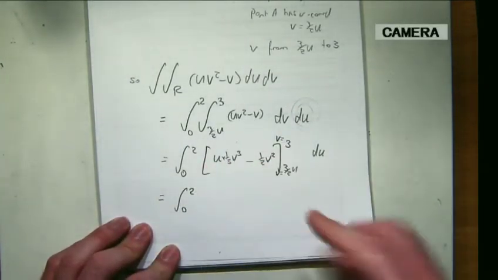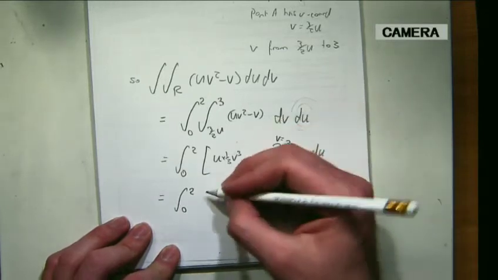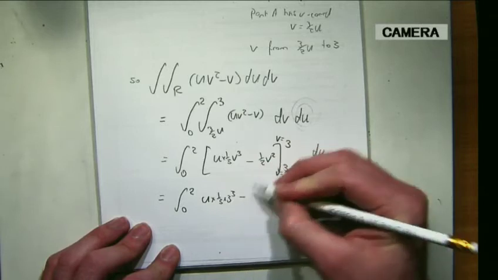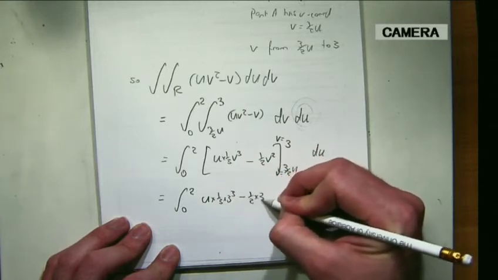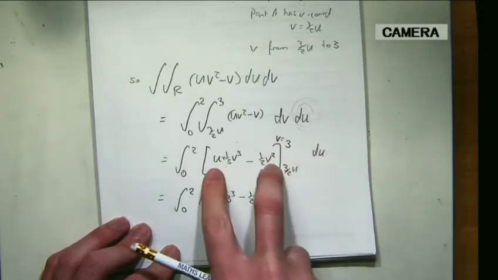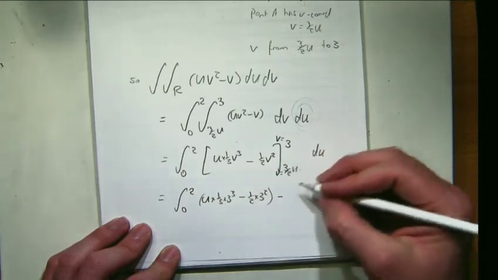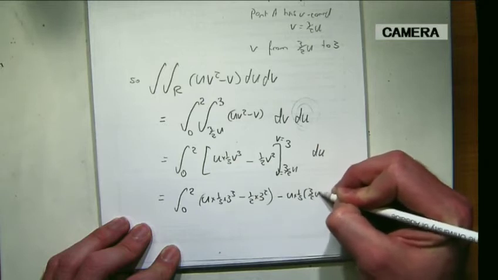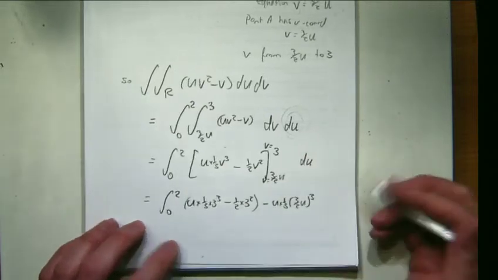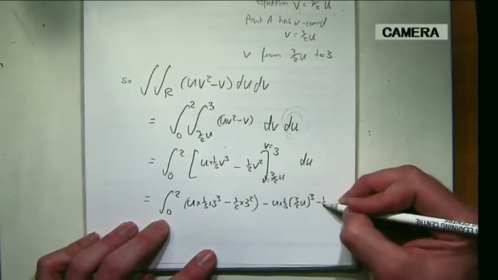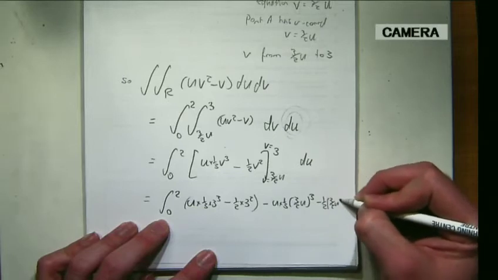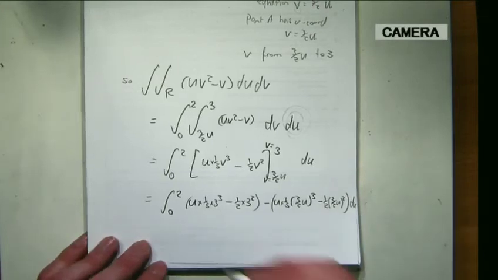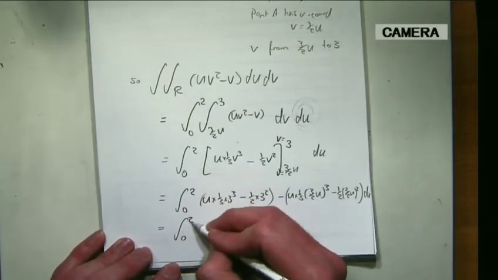And so I figure out what that is. So I sub in v equals 3. That's the v equals 3. I sub in v equals 3 on 2u. And I figure out what all of that is in terms of u.